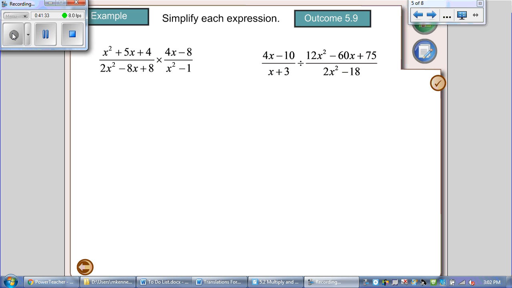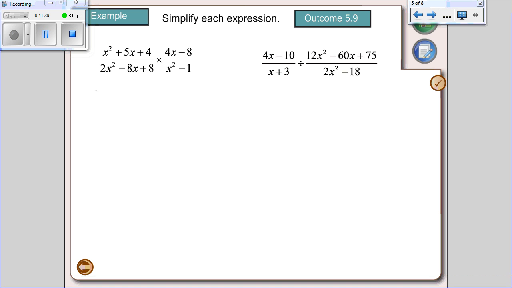Factor the bottom. Sorry, things that multiply to be 4 and add to be 5 would be 4 and 1. On the bottom, the golden rule of factoring: the first thing you check for is greatest common factor. So the very first thing you want to do is factor a 2 out and put the rest in brackets.